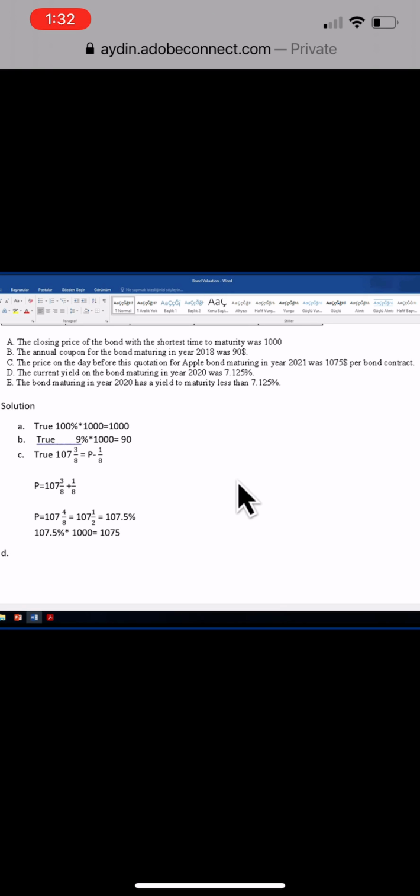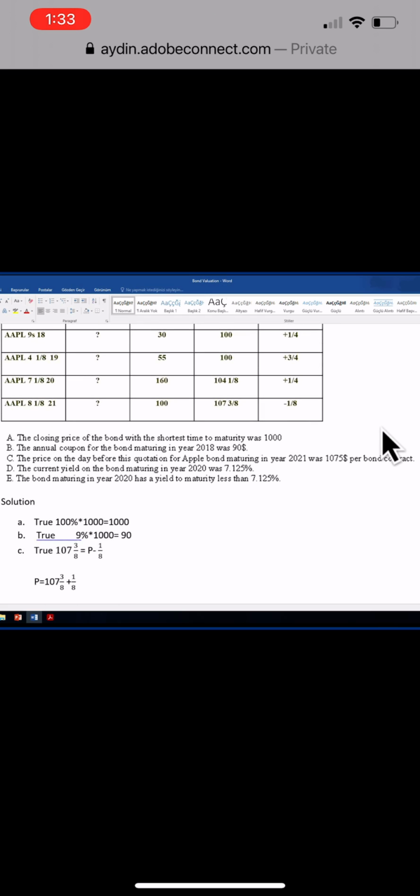What is 1000? 1000 is a face value. The values that we used here. So you see, it's par value or face value. What is this value? The value that is paid at the end of the contractual period, right? So unless it's stated otherwise, yes, this is the value that we're going to use.